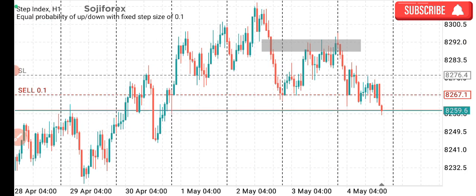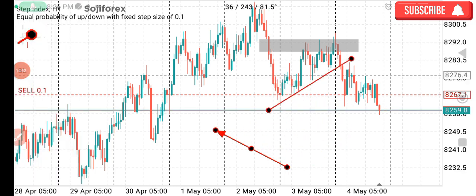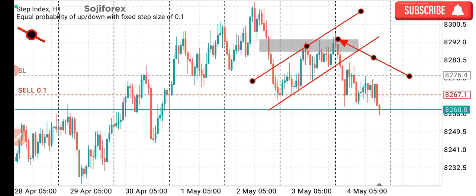Now this is a live market scenario in trade, and look at what happened. Price has been coming down, right? And then suddenly we begin a flag pattern. And this bearish flag pattern, we need to trade this bearish flag.